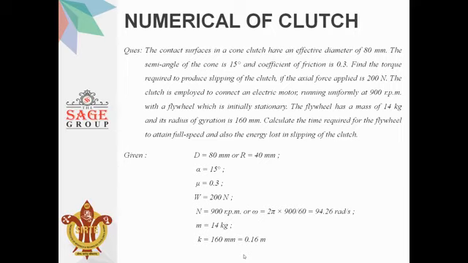So this is the numerical of cone clutch, and we have to find out the energy lost in the slipping of the cone clutch and the speed of a flywheel that will be attained, which is connected to the cone clutch. So first, let us find out what is given in the numerical.